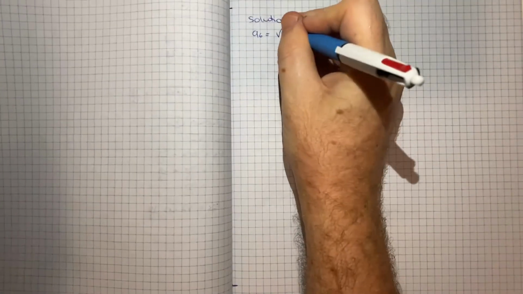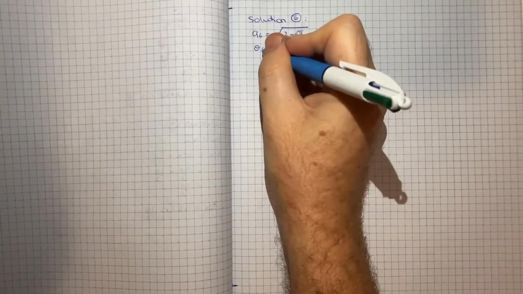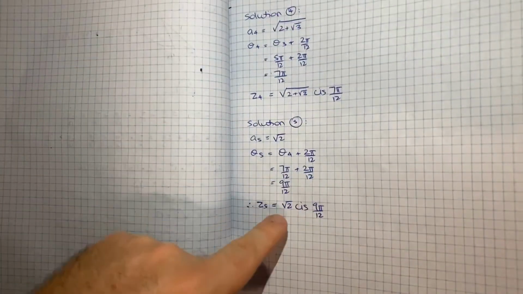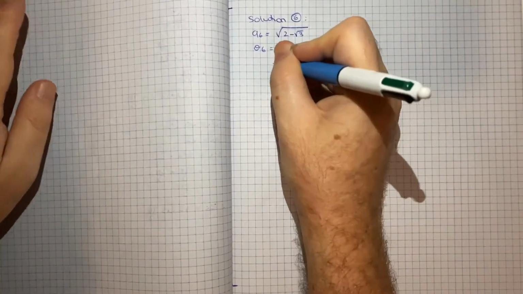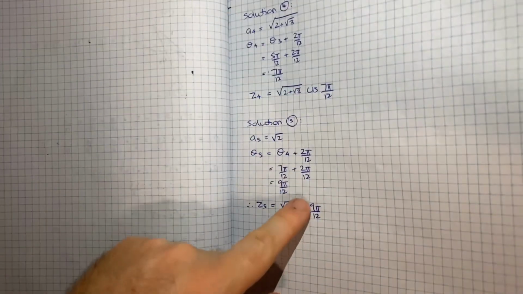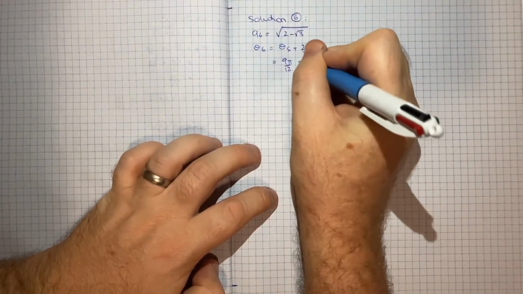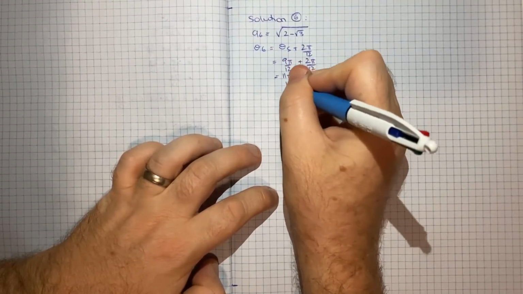So the square root of 2 minus root 3. And then theta 6 equals theta 5 plus 2 pi on 12, which equals 9 pi on 12 plus 2 pi on 12, which equals 11 pi on 12.